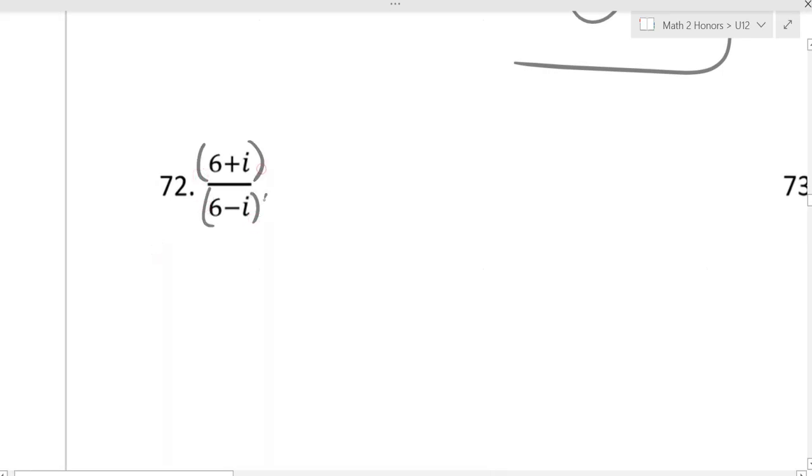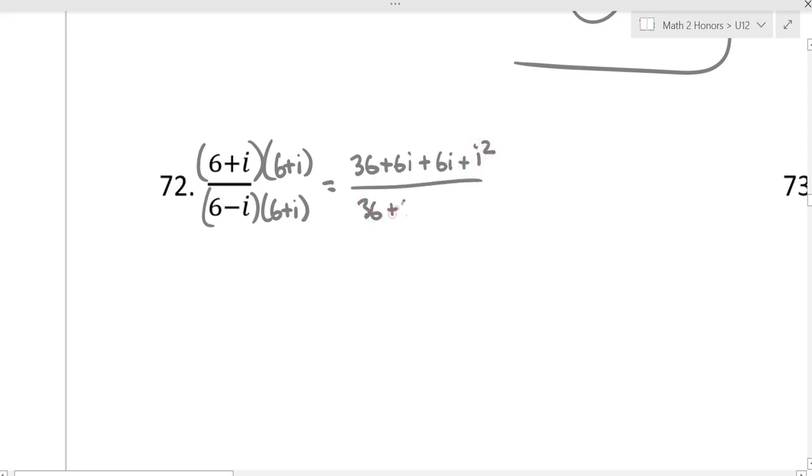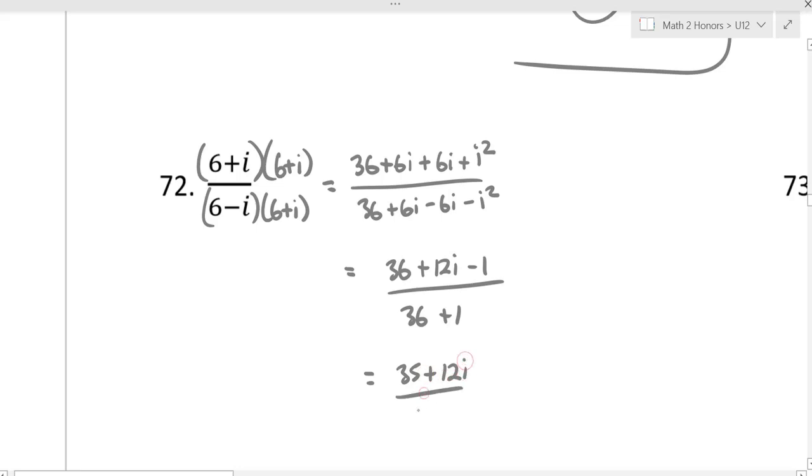Multiply top and bottom by the conjugate. Multiply it out. Get 36 plus 12i minus 1 over 36 plus 1, which is 35 plus 12i over 37.